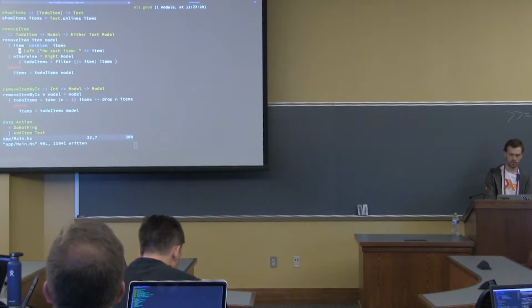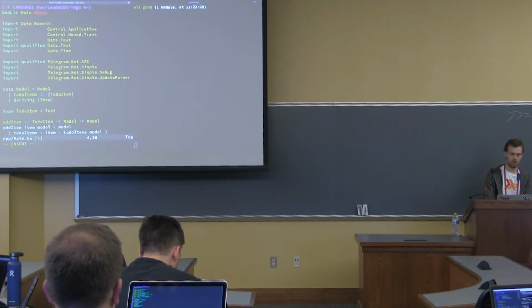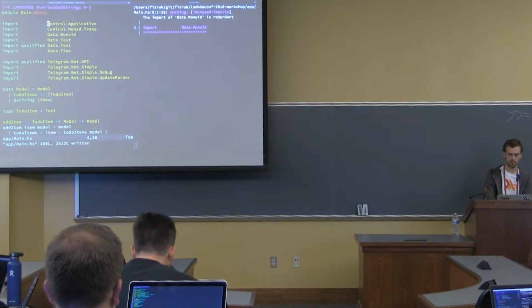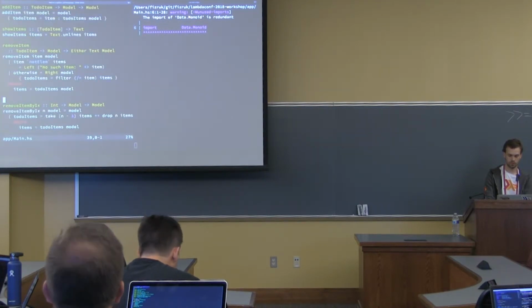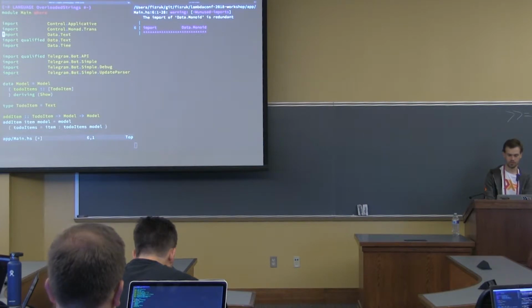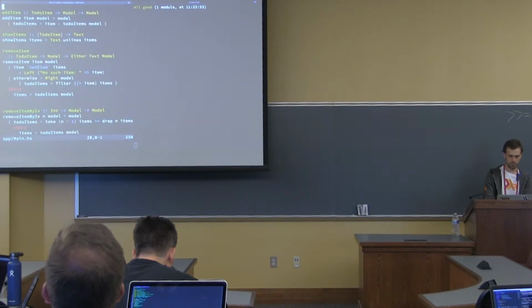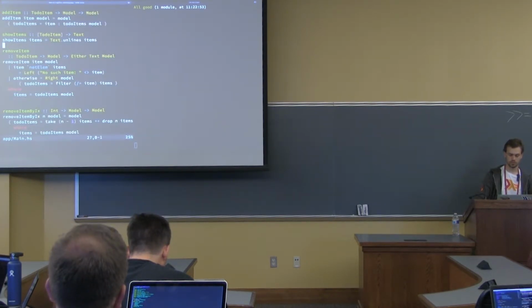Okay, so this operator is the semigroup or monoid append operator. If you're on GHC 8.2, you have to import Data.Monoid for that to be in scope. For me it's unnecessary, but you have to use that. Okay. Yeah, here's the removeItem.